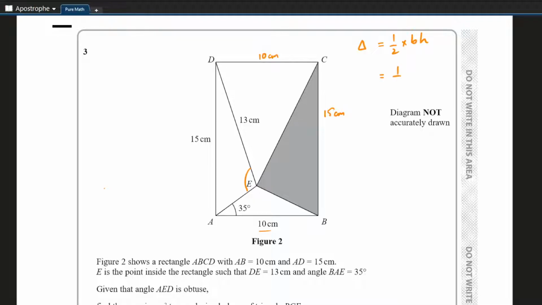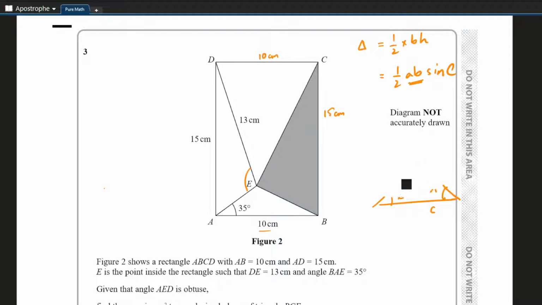Another one is half into ab sine c, where if this is a, this is b, this is c, then this angle is A, this angle is B, this angle is C. So we take any two sides, a and b, and the sine of the angle between these two sides.